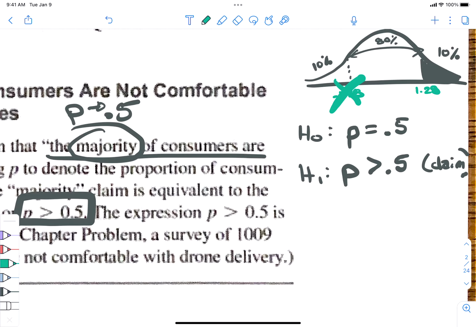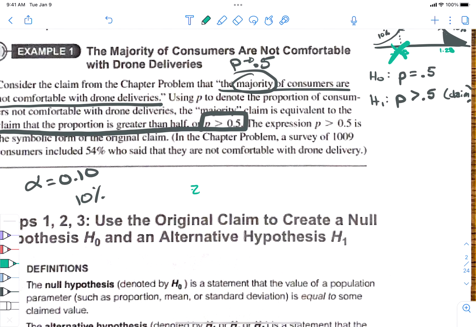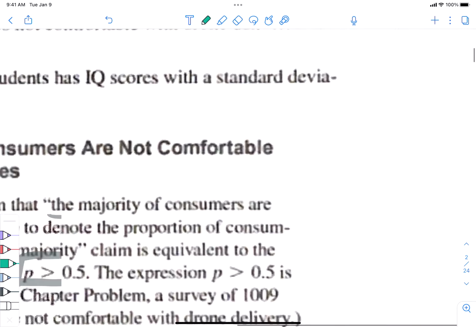Now, they didn't give us Z. That means we have to find it. This is kind of leading us into what we're doing tomorrow. We're doing the full-blown thing: P hat minus P over the square root of P, Q over N. We need a P, we need a Q, and we need an N. P is 0.5, look at your hypothesis.